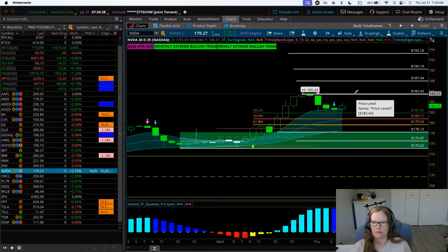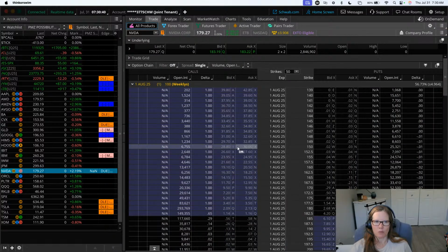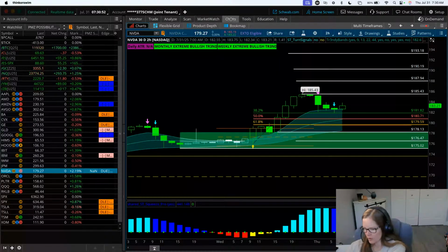So that's about $2.30 to the upside. Downside reward would give me about $5. Completely up to you how you decide if you want to use NVIDIA or if you would rather use one of the other names. Any of these are going to be plenty affordable for the account.